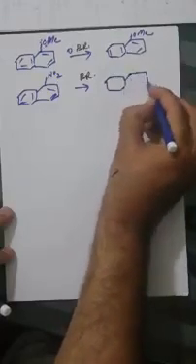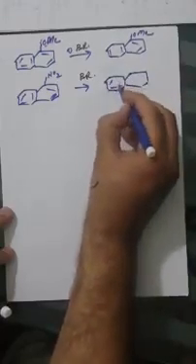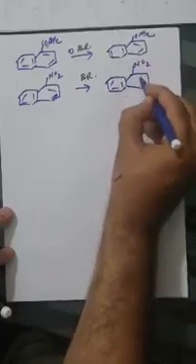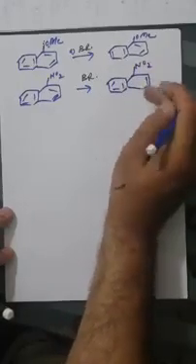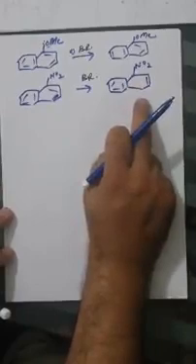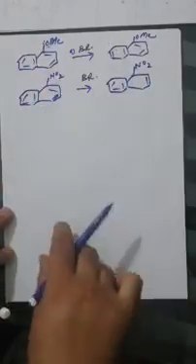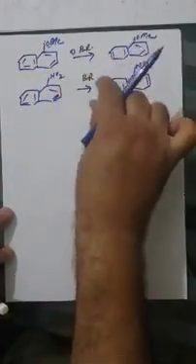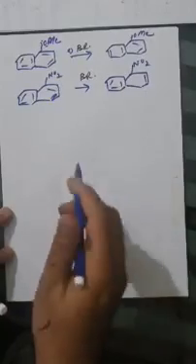This ring will remain intact, and here this would be the product. So the deactivated ring will undergo Birch reduction faster, quite rapidly.